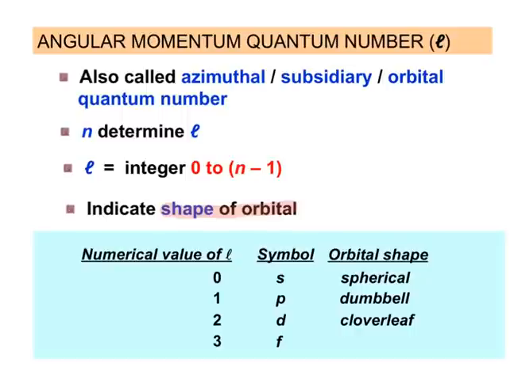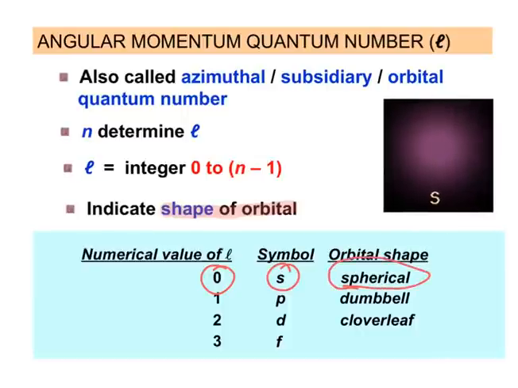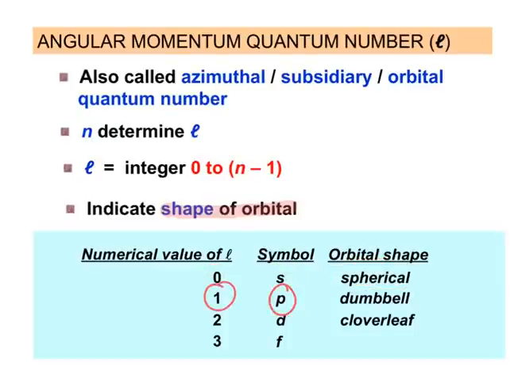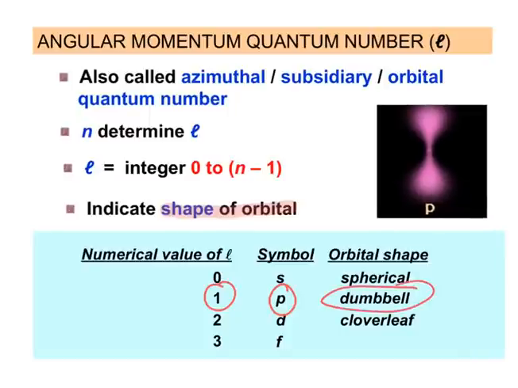When the angular momentum quantum number is 0, it is an s orbital with spherical shape. When it is 1, it is a p orbital with dumbbell shape.